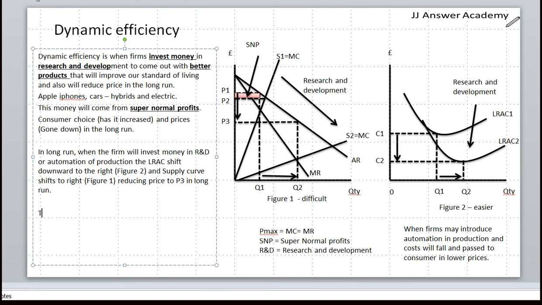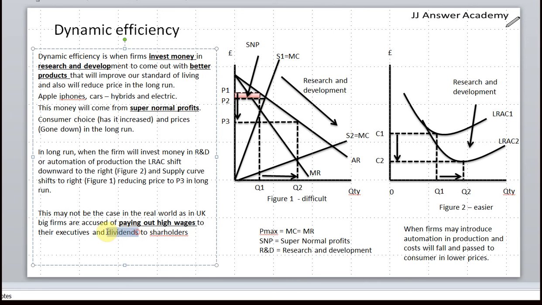So this may not be the case in the real world, as in the UK, big firms are accused of paying out high wages to their executives and dividends to shareholders. So let me underline this.